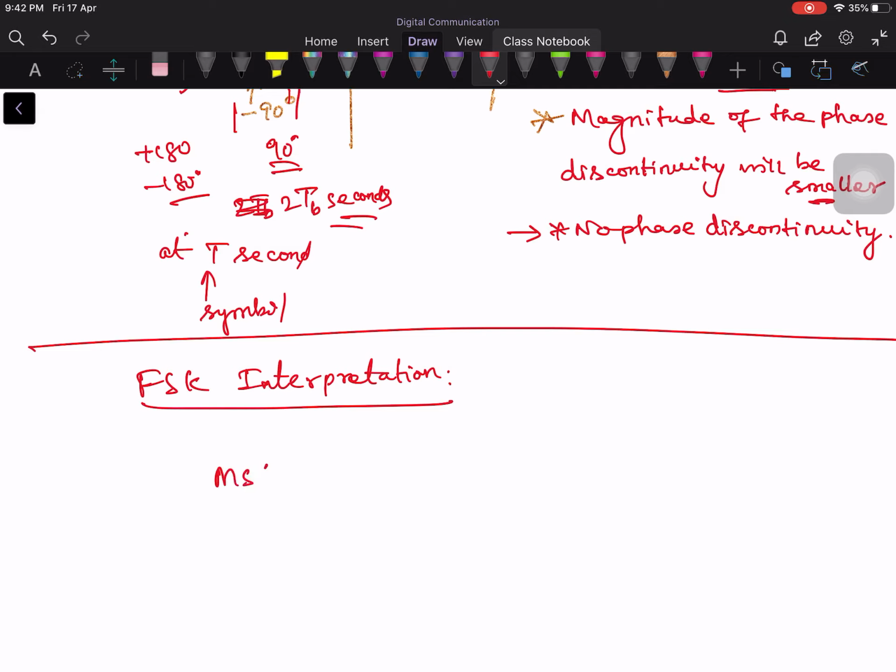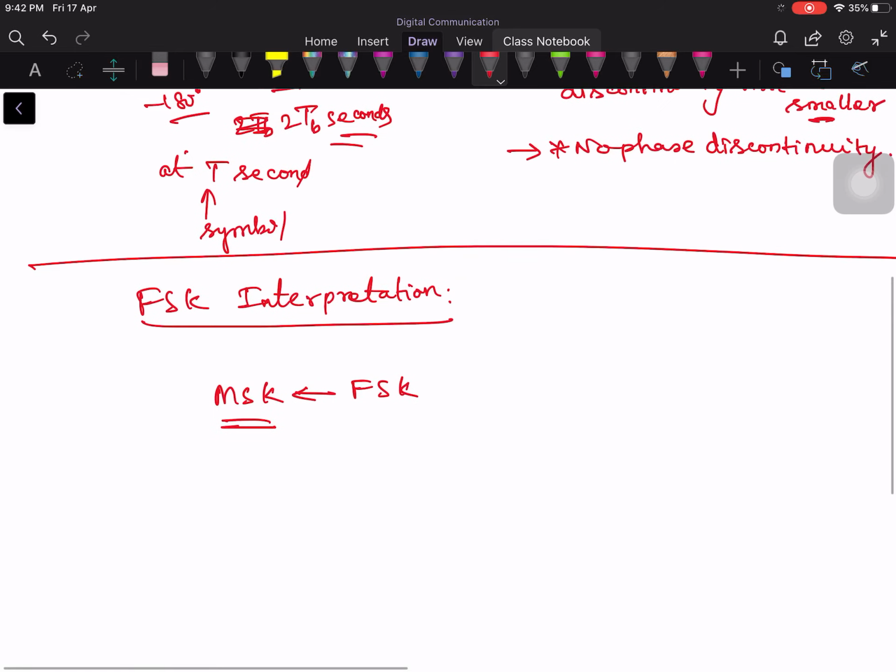We have seen that in MSK we have two possible frequencies. In the previous lecture, if you notice, at every bit interval we have one of two possible frequencies. Here let me say F1, and in the next bit interval I may have F2.